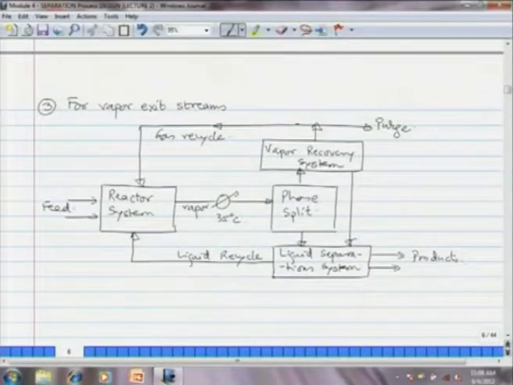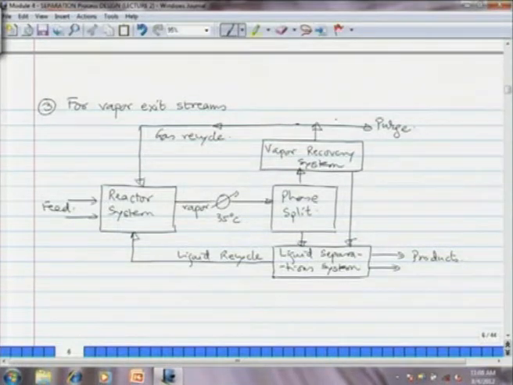If the reactor exit stream is completely vapor, then you have a system that is shown on the screen. The reactor system takes in feed, then the outlet is a vapor stream, it is cooled to 35 degrees, then it is sent to phase split. Phase split generates two streams: a liquid stream which is sent to the liquid separation system, where the unreacted reactant, the liquid phase, is recycled and the products are taken out, and then the vapor stream is sent to the vapor recovery system.